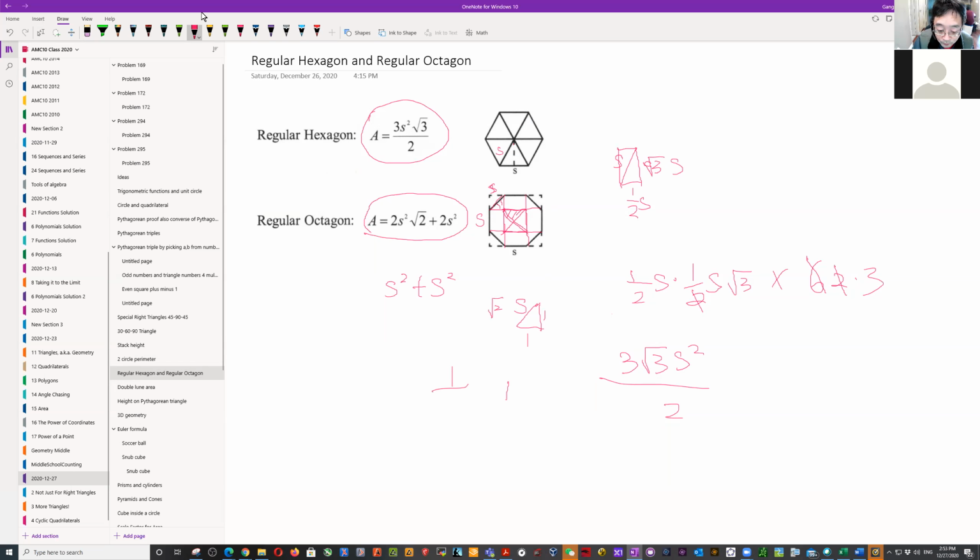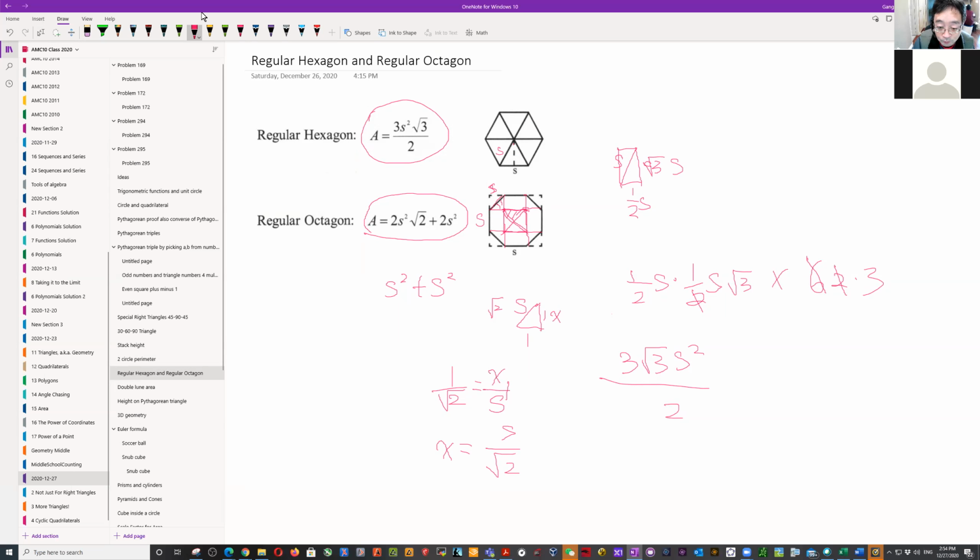So 1 over square root of 2 equals X over S, since what we want to calculate is X over S. And X will equal S divided by square root of 2. So basically, that's the height of this portion.